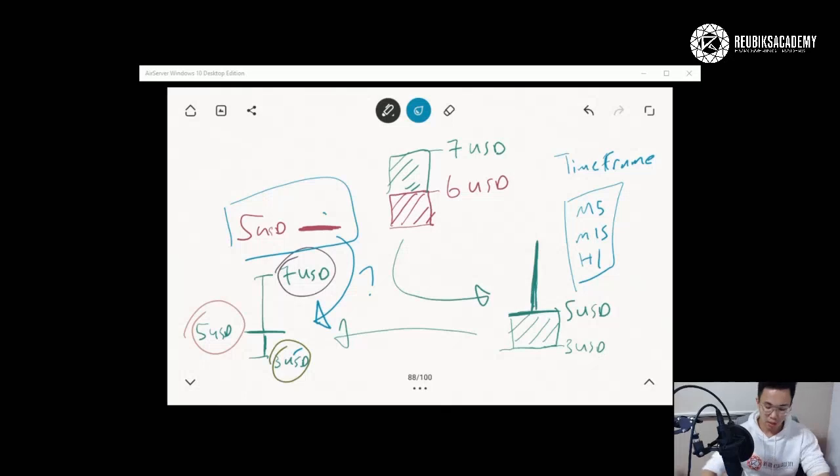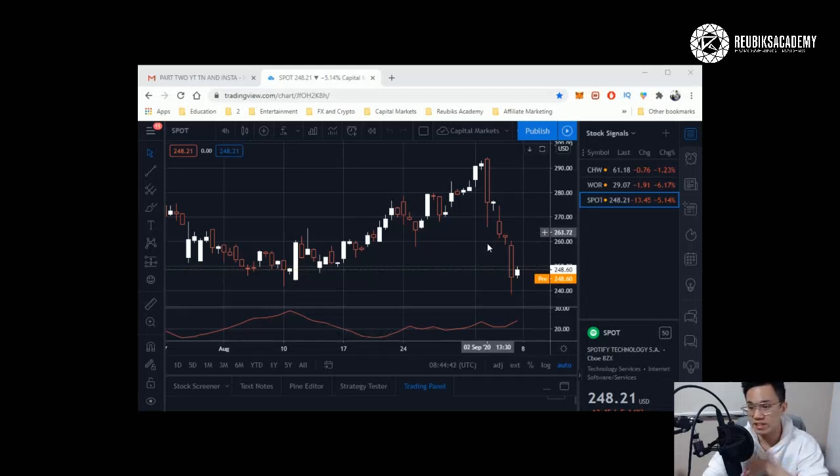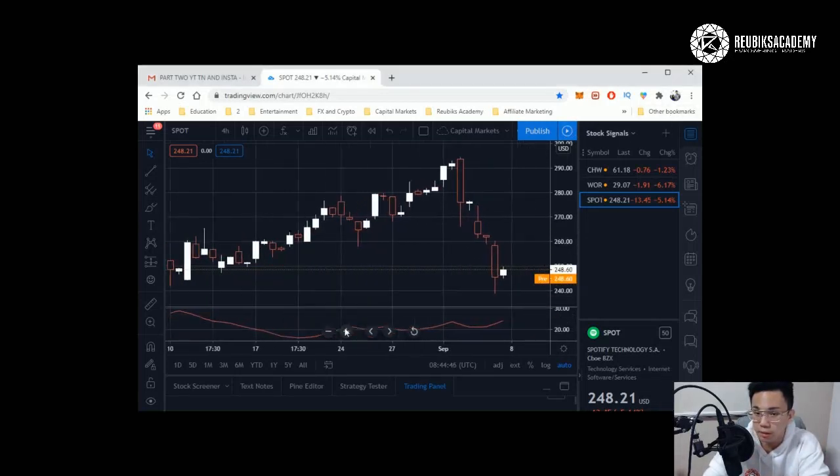Now with that being said, let's go to an actual chart to take a look. Alright, let's go to the chart. You guys can see the chart right here, right? So let me just zoom in a bit. Okay.